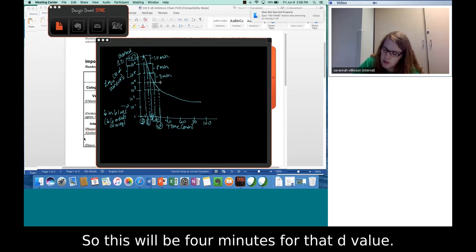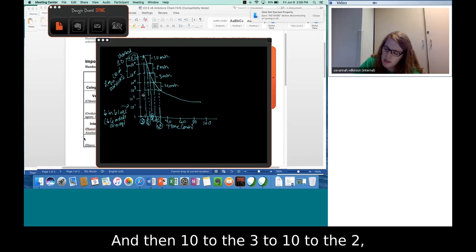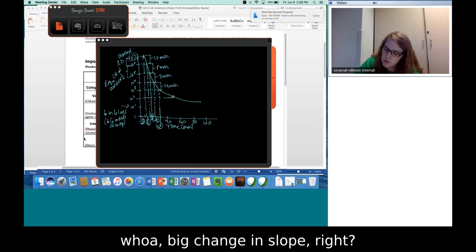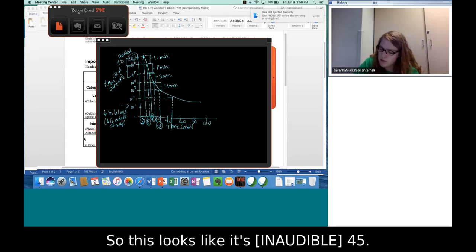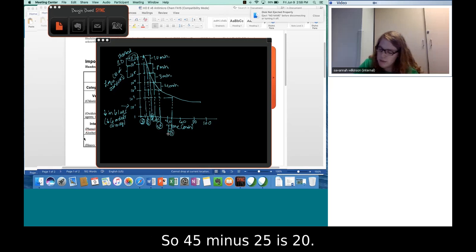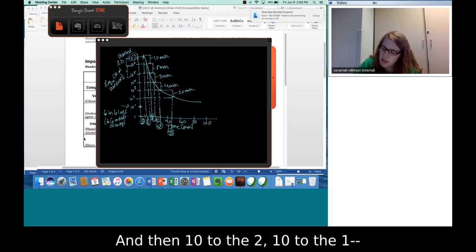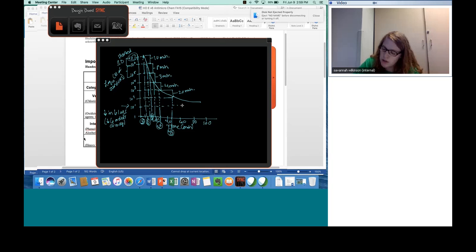So this will be 4 minutes for that D value. And then 10 to the 3 to 10 to the 2. Whoa, big change in slope, right? So this looks like it's, I'll say 45. So 45 minus 25 is 20. So it's 20 minutes. And then 10 to the 2 to 10 to the 1.